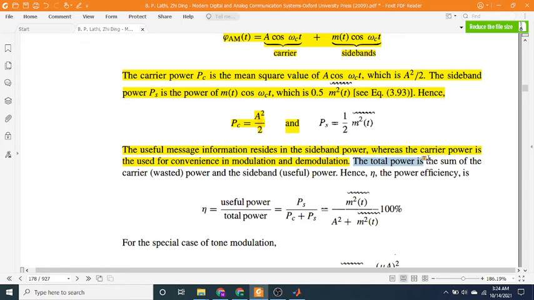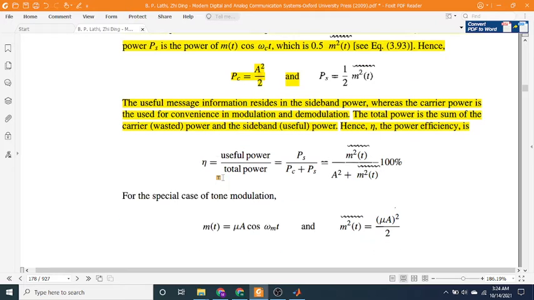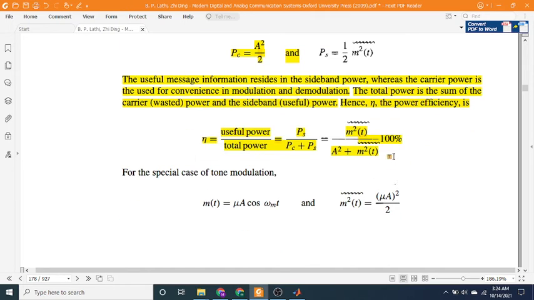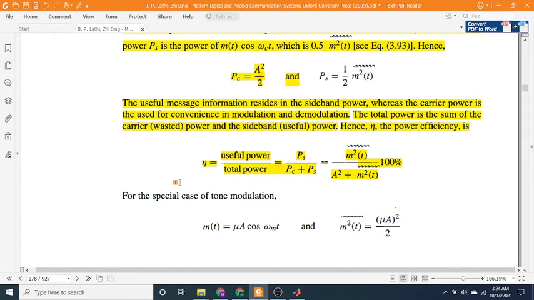The total power is the sum of the carrier wasted power and the sideband useful power. Hence, η, the power efficiency, is η = useful power / total power = P_s / (P_c + P_s).